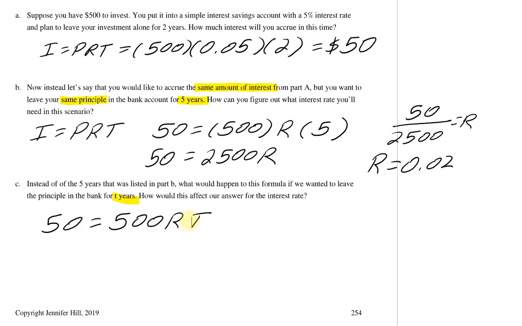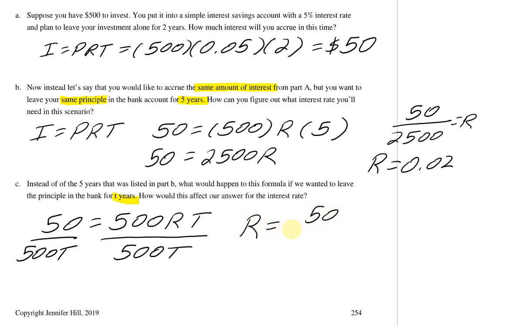But what are you actually going to divide by? Well, this is 500 times R times T. I want to get R by itself. So to do that, I just have to divide out the stuff I don't want, i.e., I can just divide out 500T from each side like this. And now what I get for my R is going to be 50 over 500T.